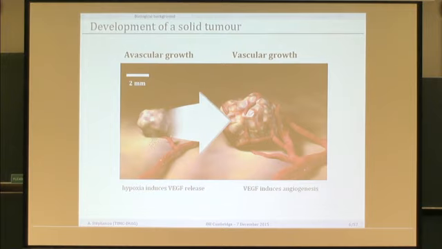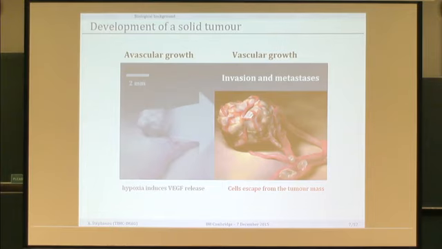So VEGF induces the angiogenesis. And at this stage, the tumor becomes much more dangerous because some tumor cells can escape from the main tumor and go to invade. We've seen it this morning, it's a tumor metastasis.